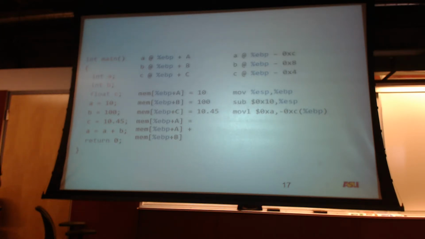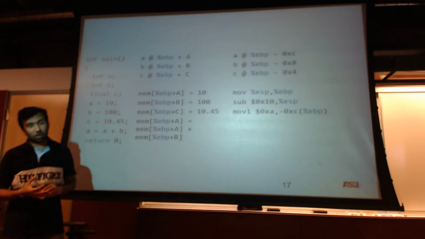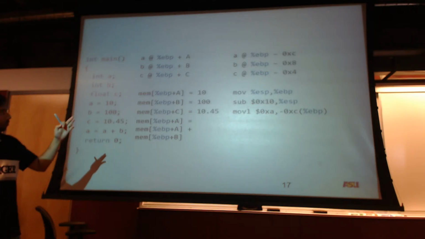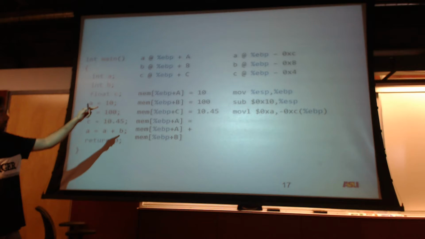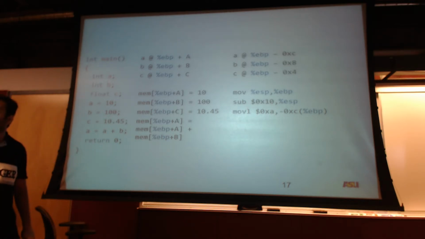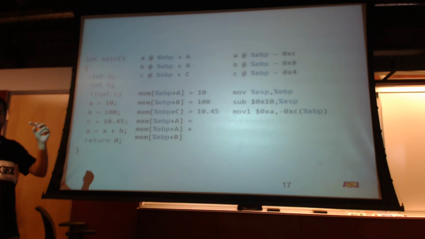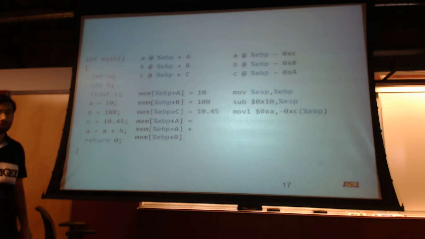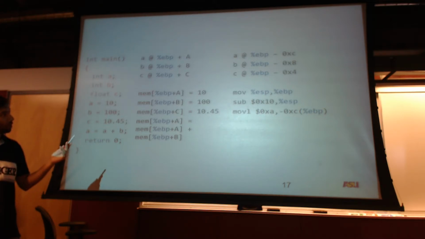So what do we do here? Remember, we want to put the value 10 into the location of A. So we first take the base pointer, which is the frame pointer, and put it into the stack pointer.